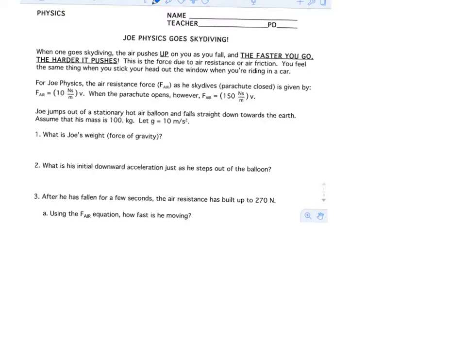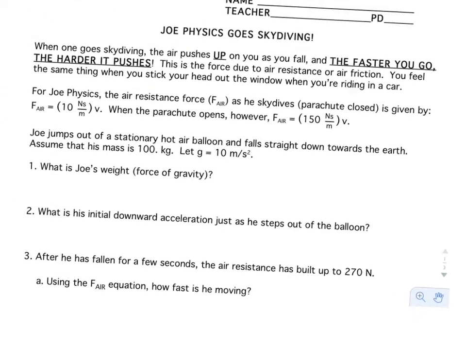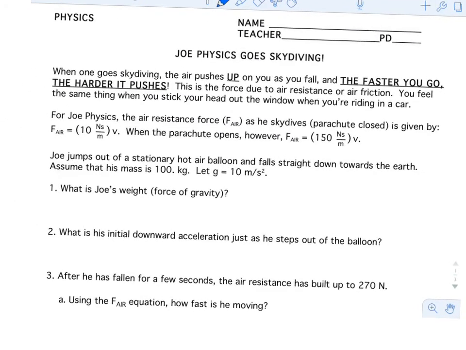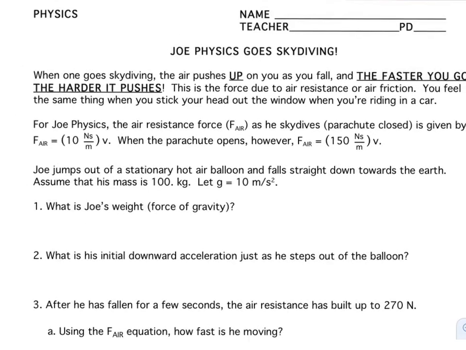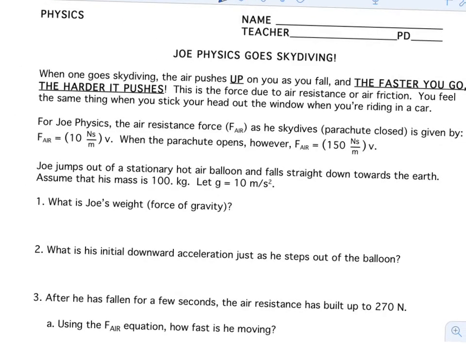The very first part of this worksheet, you can see at the top, it says Joe Physics goes skydiving. There's all this interesting notation there that says the air force, F air, as he skydives with the parachute closed, and then F air when the parachute opens.